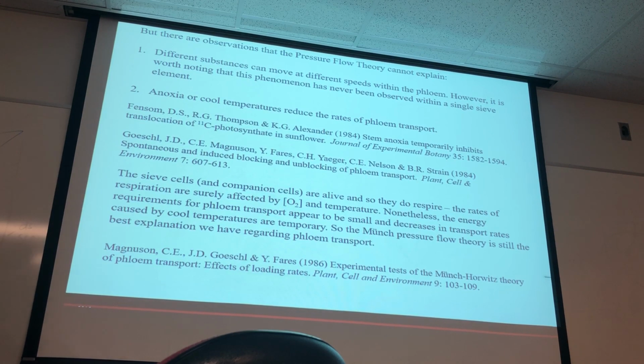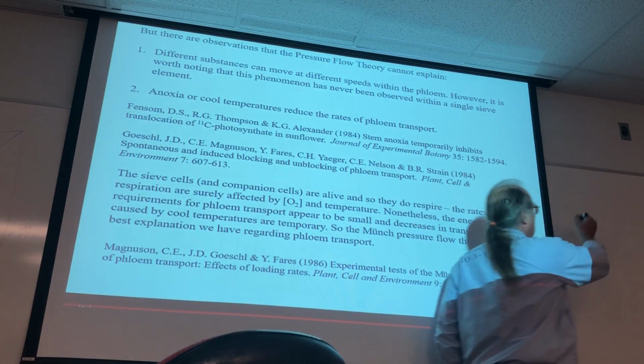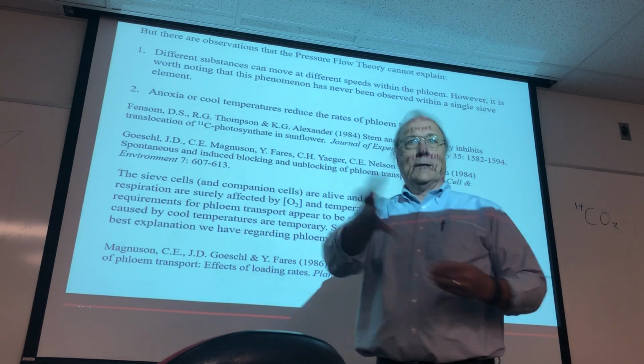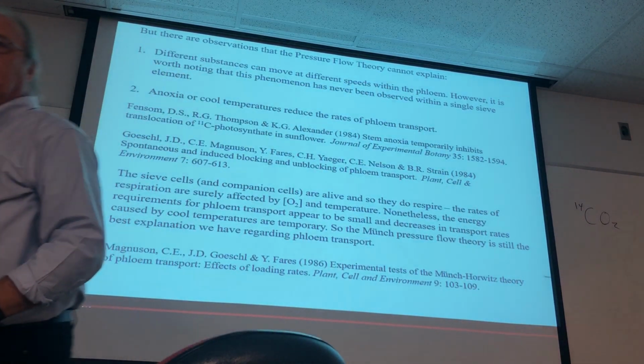It turns out it's not so easy to do experiments like this, because if you use a radioactive tracer like carbon-14 and feed a leaf, we did this way back in Jerry Miranda's course. You can make 14CO2, and this is radioactive, so you can use a Geiger counter or something to detect it.